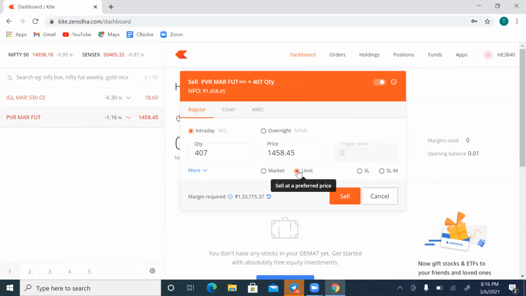If you place a limit order with 1445, it will be executed at 1458. There will not be bids available for us at 1445 as it is trading around 1458. It will be executed at the current price.